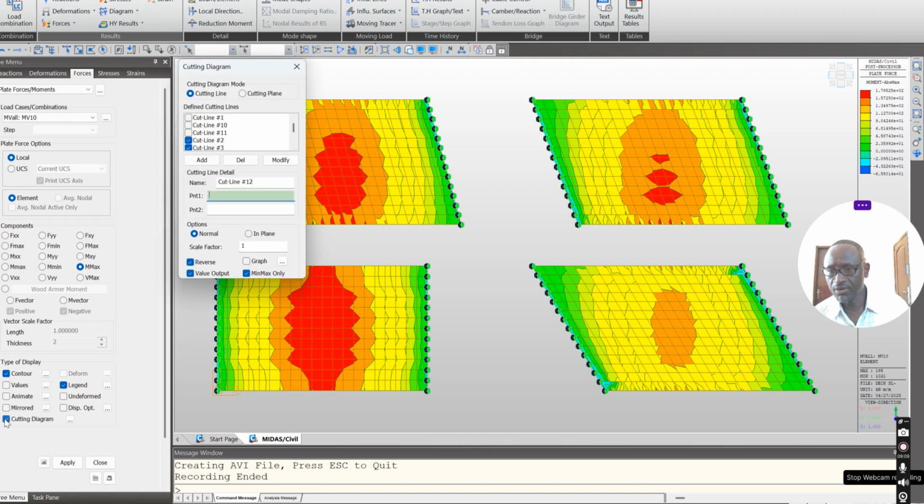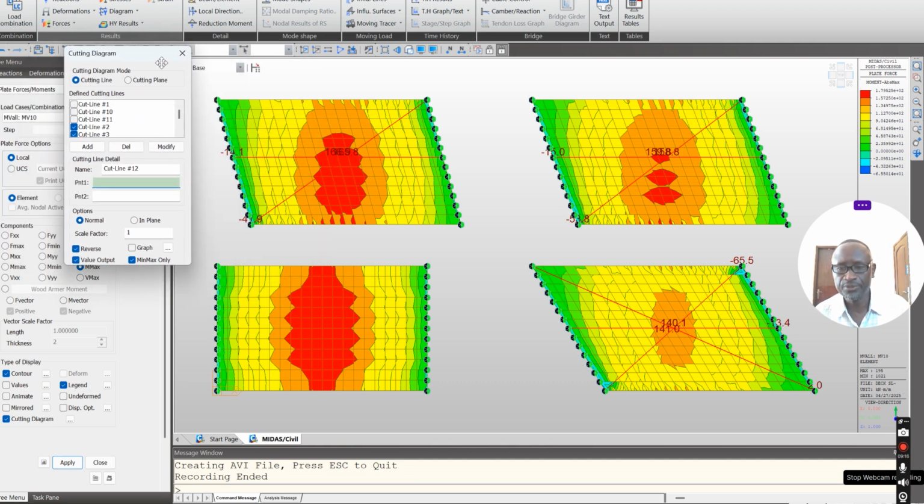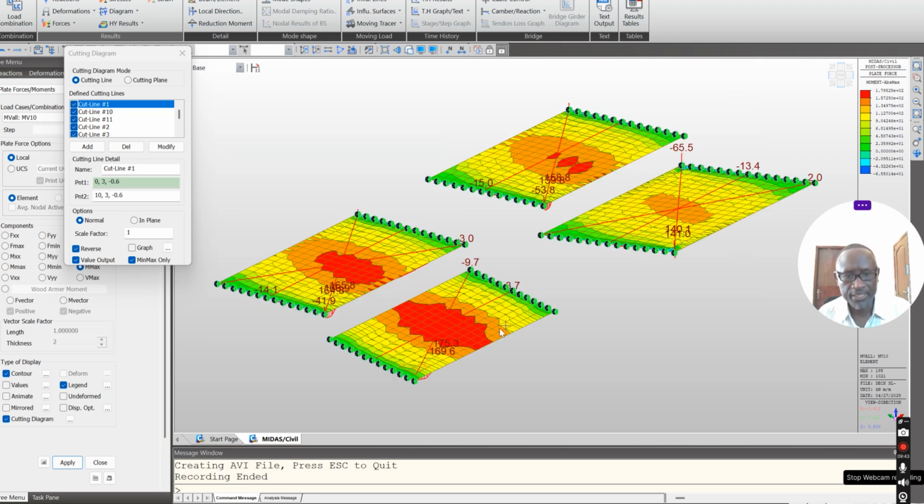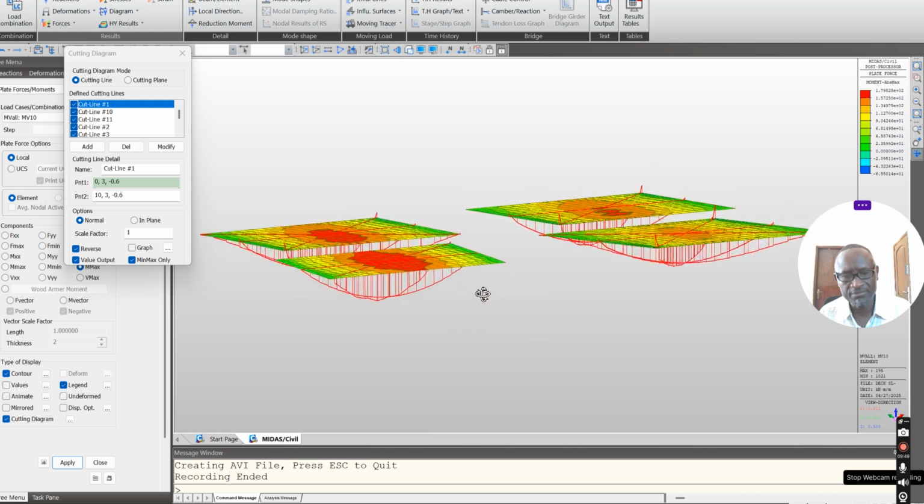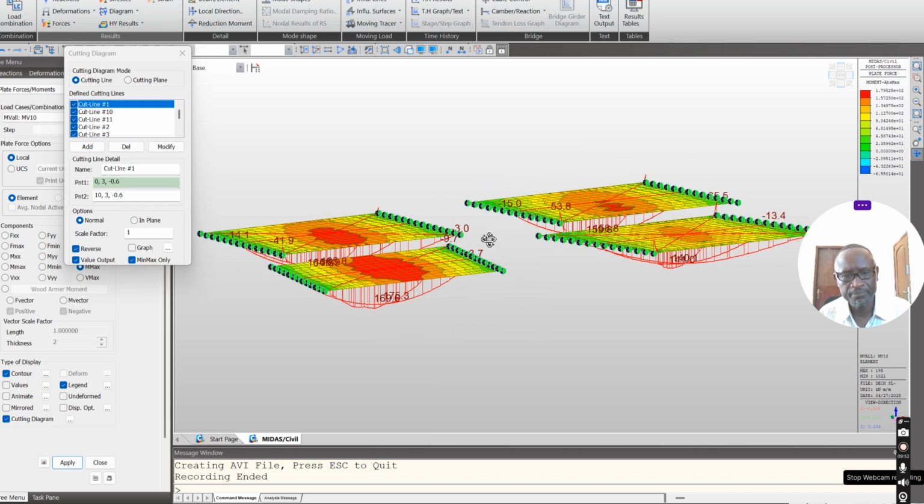So if I have the angle, if I look at cut sections, you realize that the normal deck slab has a 170 bending moment with a slight edge moment or hogging, and then the diagonal moved to 175 with a slight moment.